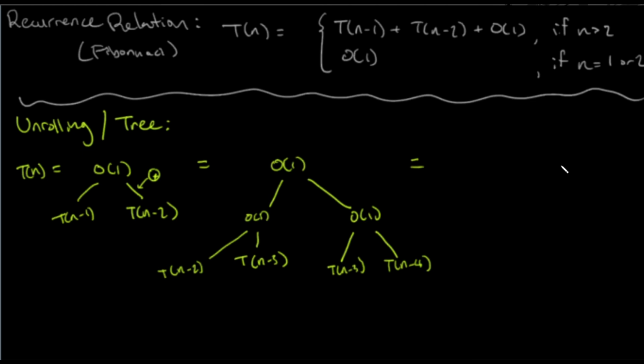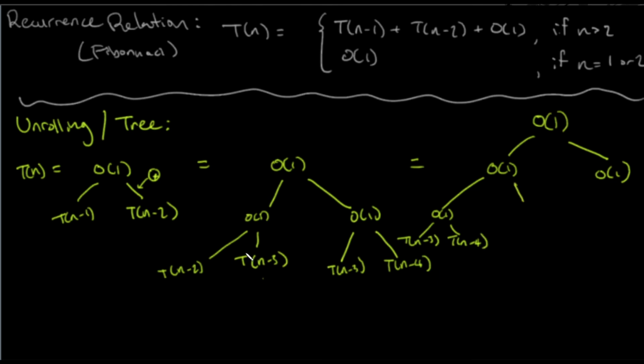And if we did that one more time, I might run out of space here. Start here. O of 1 here, O of 1 here, O of 1 here. And now we apply this recurrence relation to these four T's over here. So T of n minus 2 is going to become O of 1, T of n minus 3, T of n minus 4.